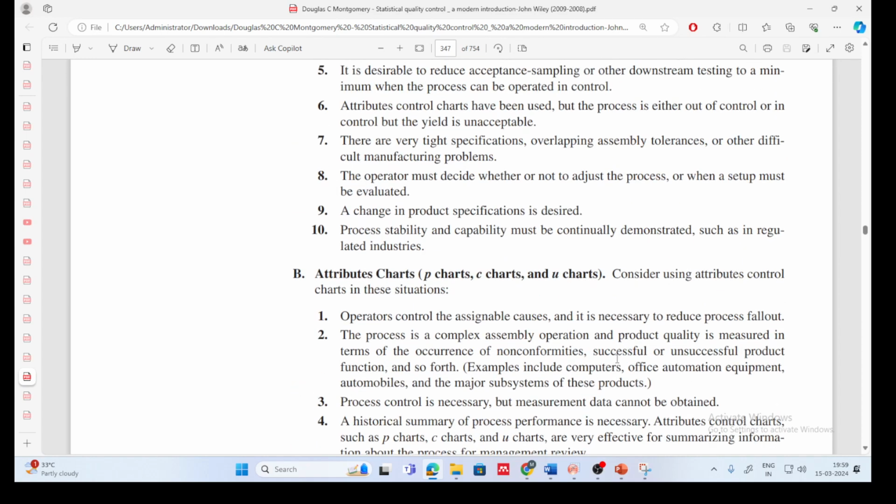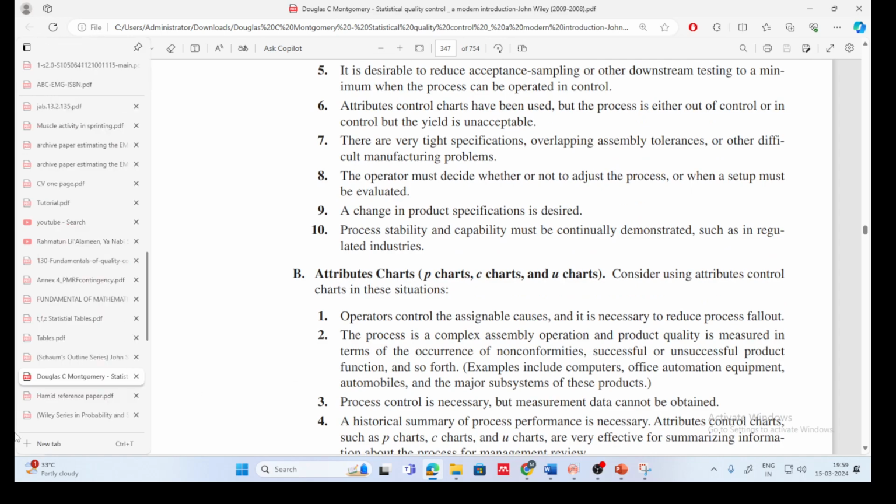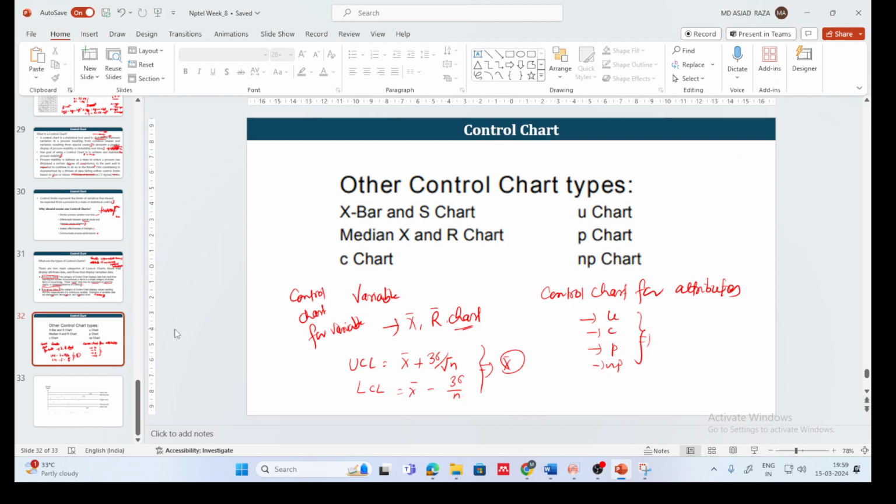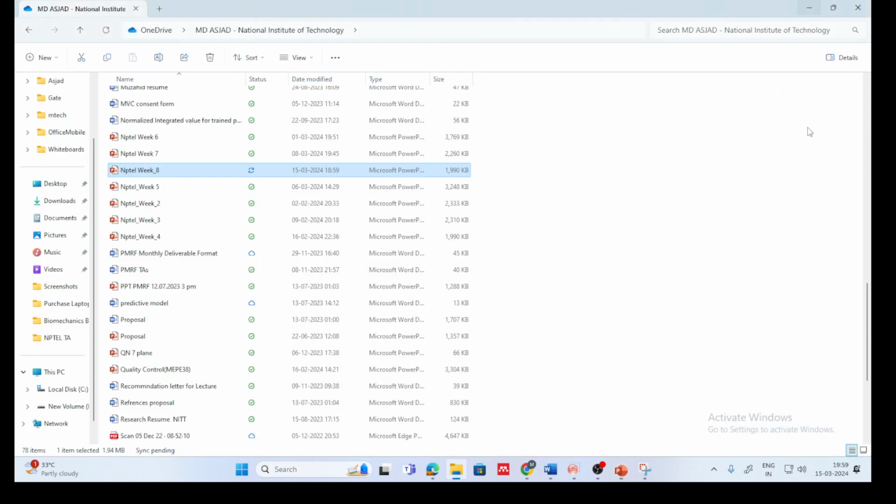So this is all about the control chart. If anyone has a doubt, you can ask. Otherwise, we'll discuss in the next session on Sunday.